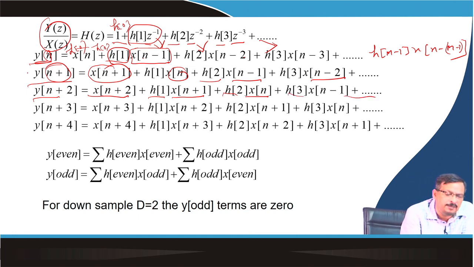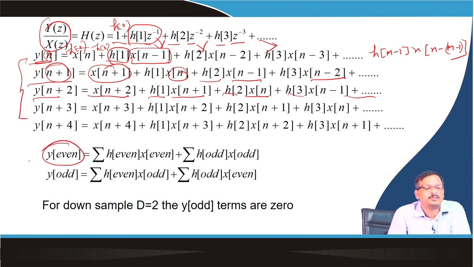Now I can say, if I select only the even part of y, then y even is equal to h even multiplied by x even plus h odd multiplied by x odd. Let us take n equal to 1.